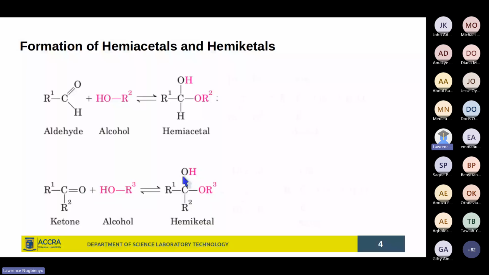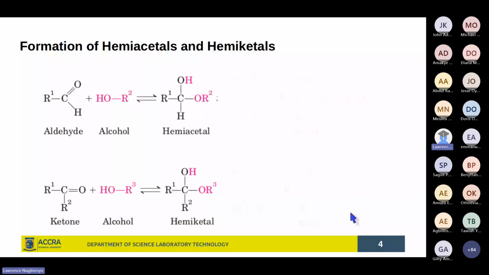And the rest of the alcohol residue, the OR3, now binds onto that carbon to give you a hemiketal. So here too, the continuation of that reaction. Intentionally, I've masked that. We shall reveal that later, as I said earlier.